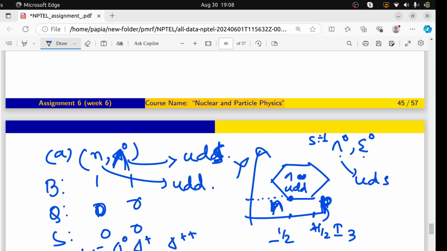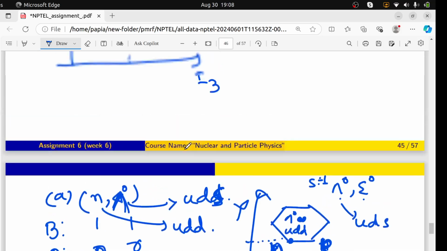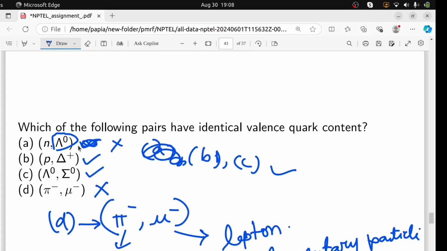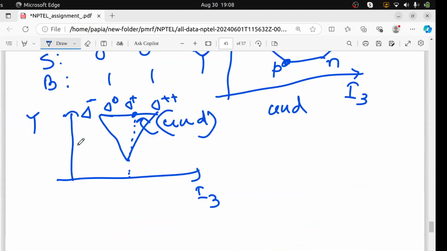Here is lambda 0 in the middle of the octet. So this is not happening. Okay, so this is not correct. So B and C are the identical valence quark content. Okay, I did not see that it is lambda 0. Obviously it is lambda 0, that means it is not the same.